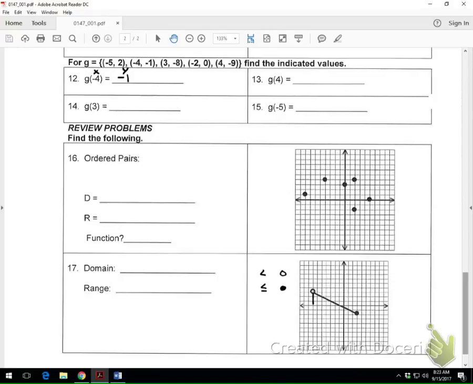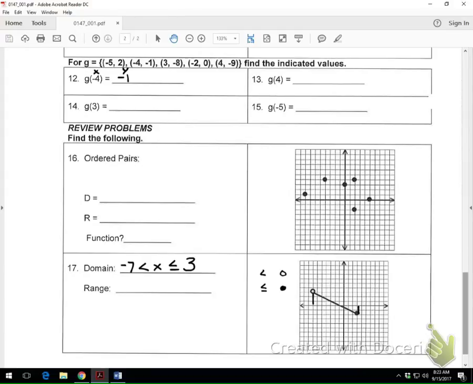Negative 7. Now, am I going to use the less than or the less than or equal to? Less than, because it's an open circle right there. Then x, and then less than or equal to, because the right side's a closed circle, and what number? 3.